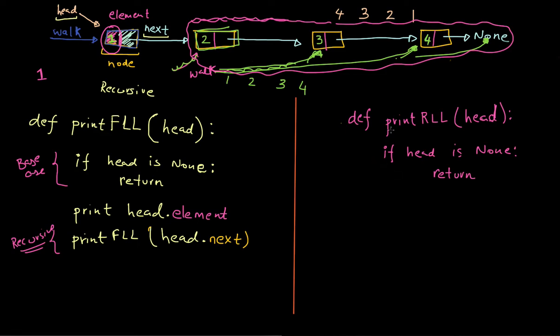Let's just call a recursive function, print RLL, starting from head.next. Head.next is basically pointing at this node right there. Just print out every single element of the remainder of my linked list starting from head.next in reverse order.